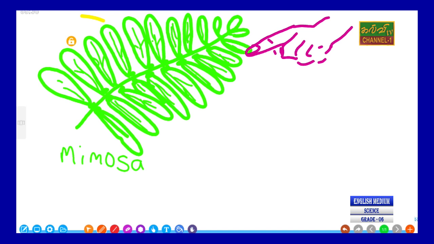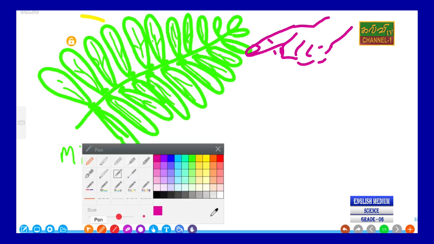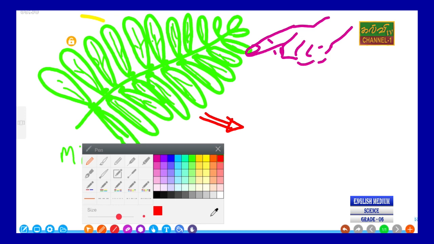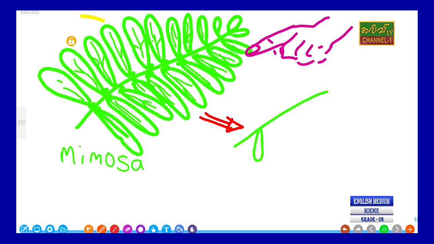When you touch it, it will show some movement. The leaves fall down like this.